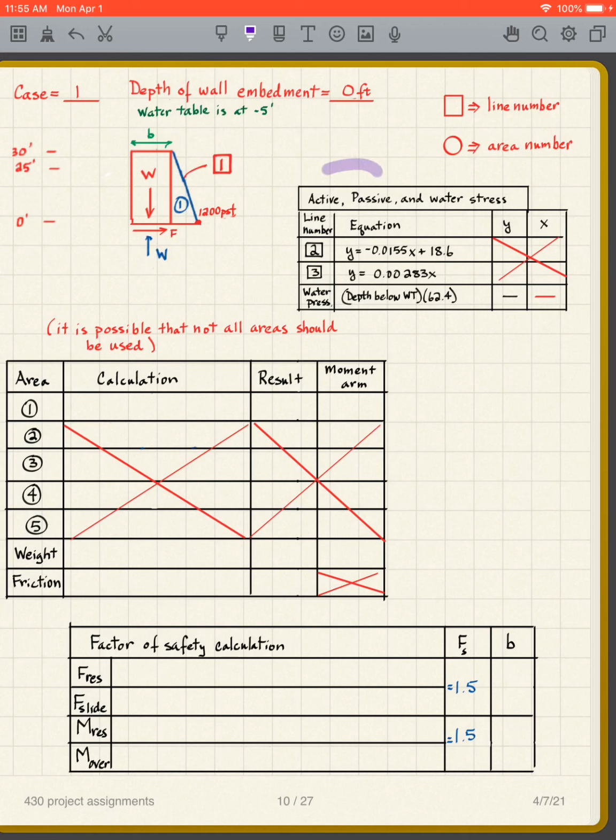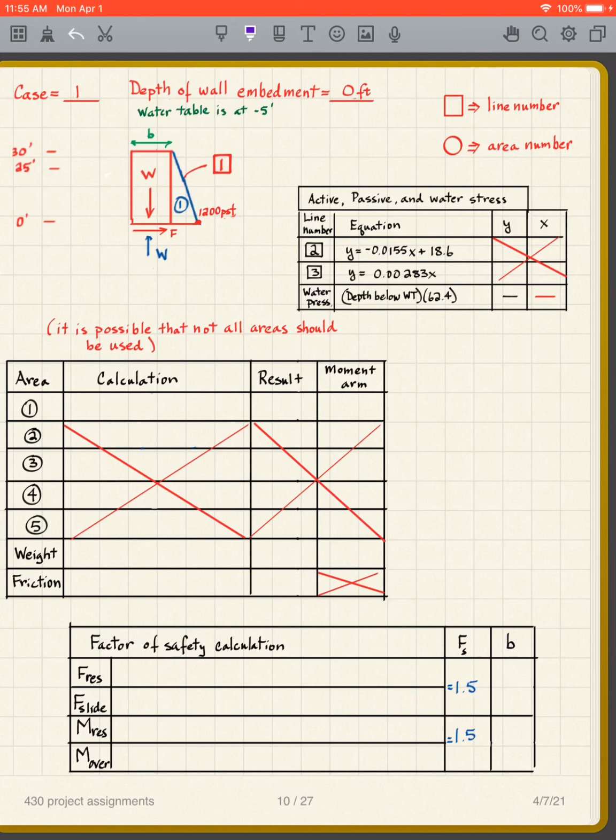So, in other words, I've got a table here for the active and passive pressures and the water stress, and then we're going to calculate the areas, and then the moment arms, and then we're going to do the factor of safety. So I've laid it out so that your work is organized, so I've helped you out in this particular sense. And then, in the end, you're going to get your B's, and that's going to be your answer.